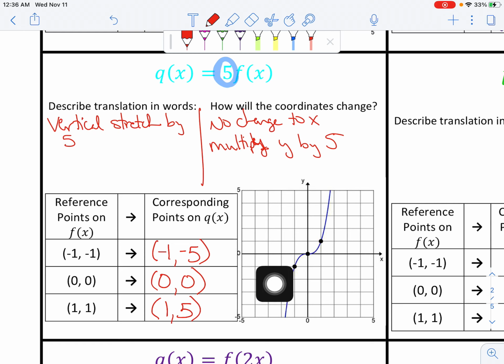So this point, -1, -1, is going to stretch further away from the x-axis, and it's going to end up all the way down here. 0, 0 won't move at all. And then this point, 1, 1, is going to stretch away from the x-axis all the way up here.